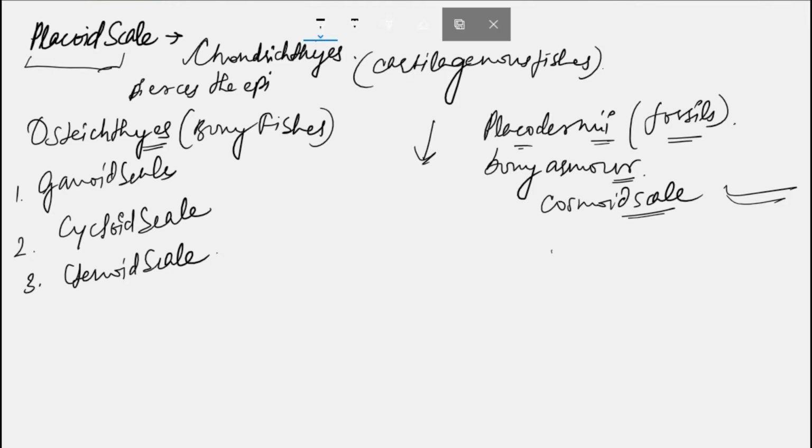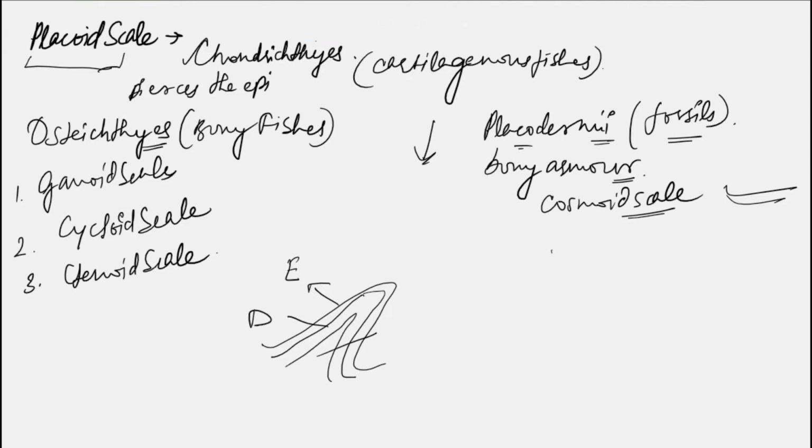Let's assume this is the scale. The outermost part of the scale is enamel, and inner to enamel is dentine, and then you have the pulp cavity. Just assume that this is your cosmoid scale and we are taking this much part of the scale and viewing the morphology of this microscopic part.